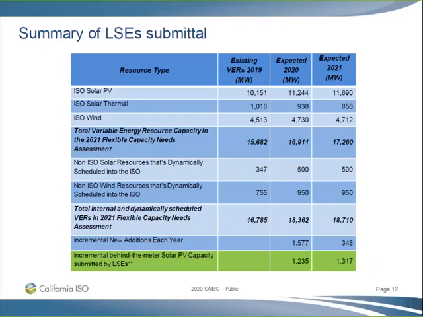So the incremental addition is about 1,720 between 2019 and 2020, and then for 2021 from 2020, it's about 350 megawatts. We did show here behind-the-meter solar PV, 1,200 megawatts, which is about 100 megawatts a month that comes in, and then the CEC does the best they can to estimate the actual production of that, and that's reflected in the loads.